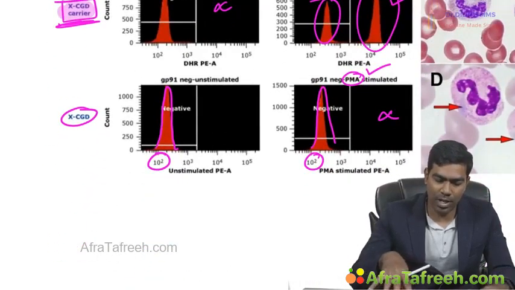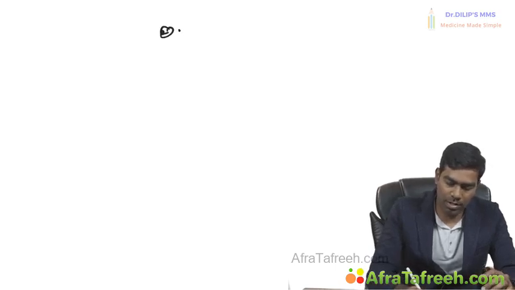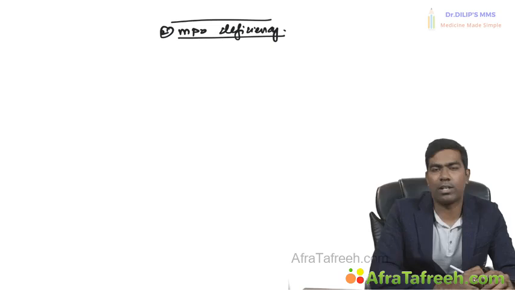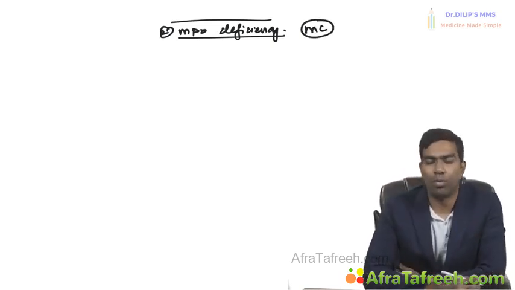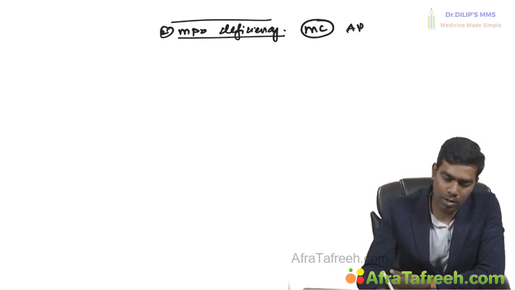So what are the other problems? Other problems you can talk about myeloperoxidase deficiency. Second one, apart from chronic granulomatous disease, you can talk about myeloperoxidase deficiency. Myeloperoxidase deficiency is the most common disorder of neutrophil function. Very important point. Most common disorder of neutrophil function, and is autosomal recessive in inheritance.